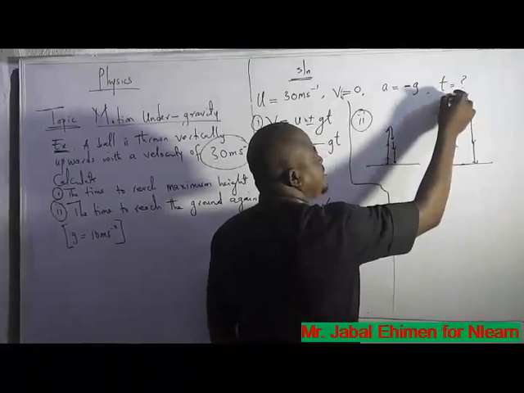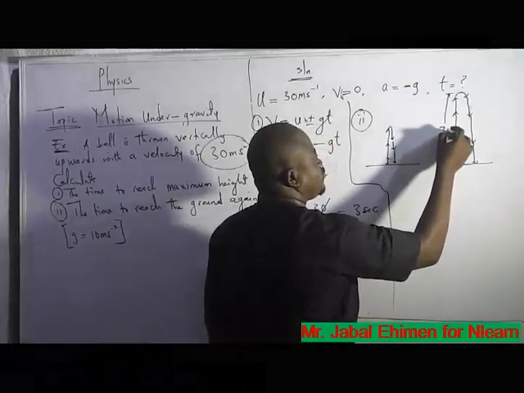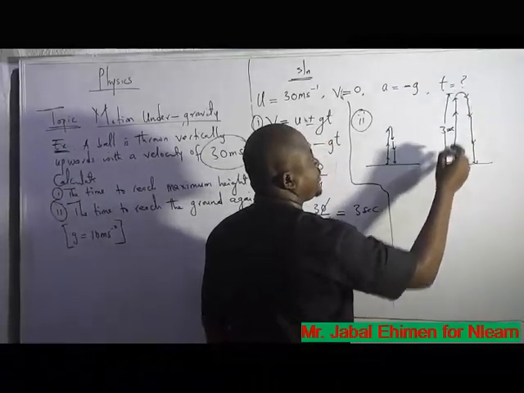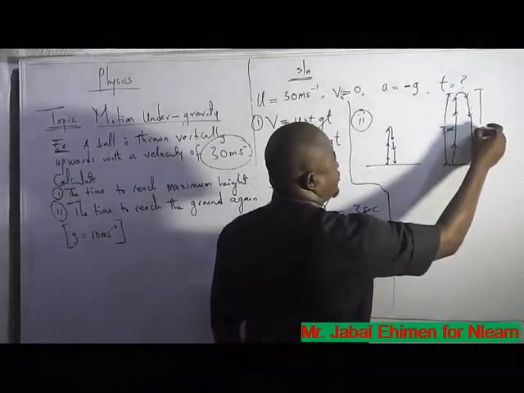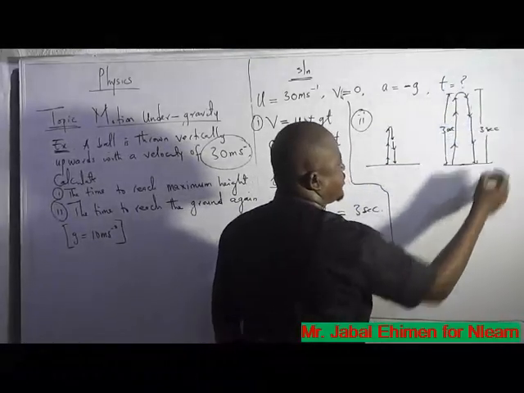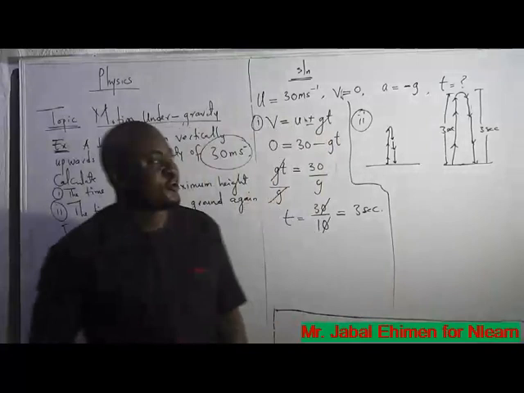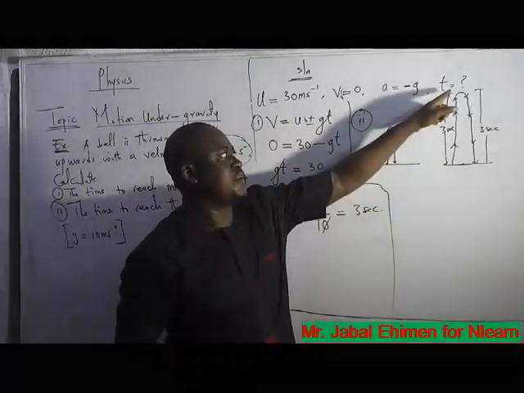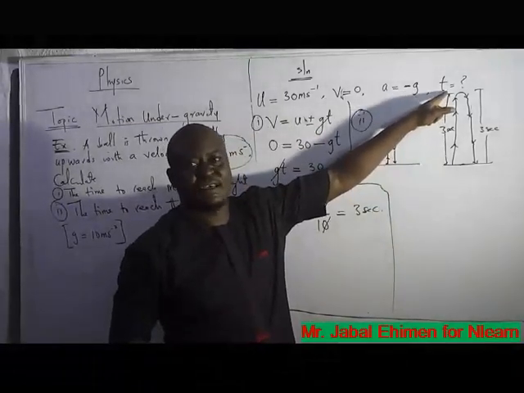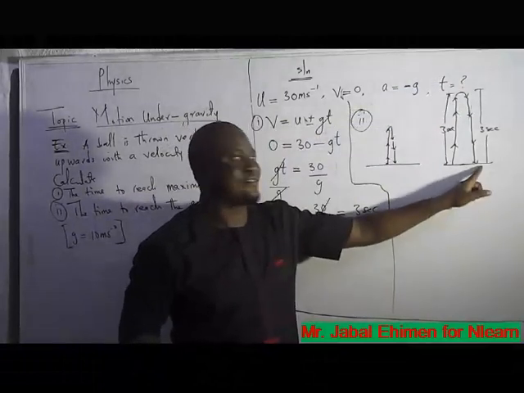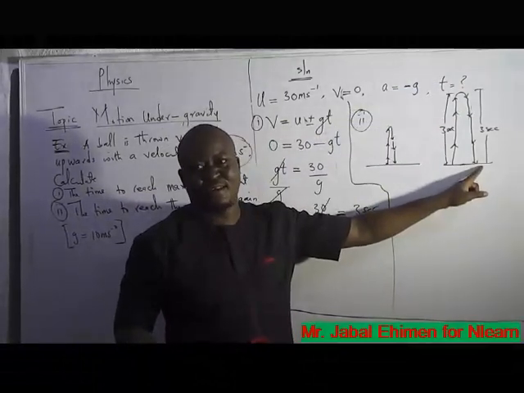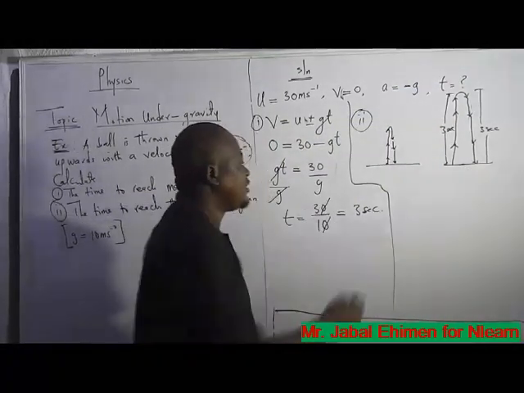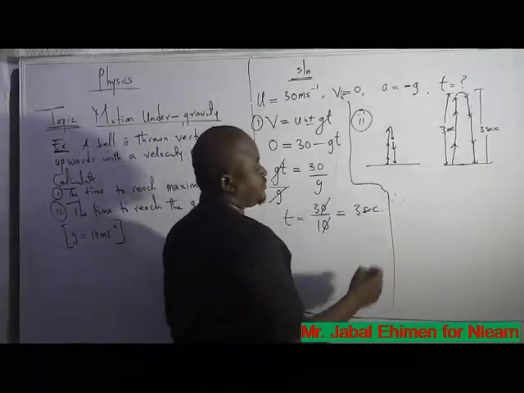So if it takes 3 seconds to move from here to here, it will also take 3 seconds to return back. Because it moves from here, 3 seconds to get there. As it's coming back, it takes 3 seconds to return. So, therefore, what does that mean?